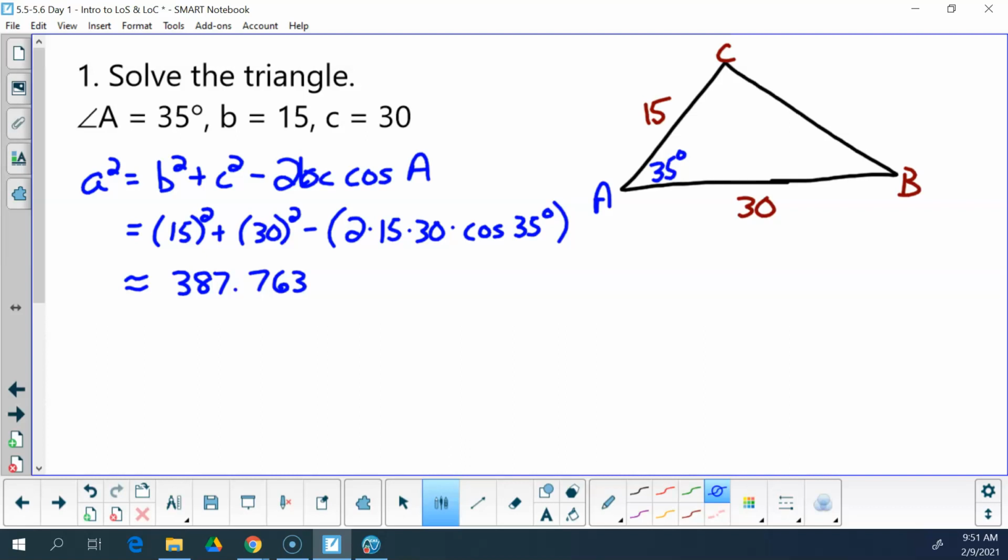Okay, but I'm not going to do anything with it because that's a squared. So a then is going to be the square root of that. Using the answer key on my calculator, I get a here is 19.6917.